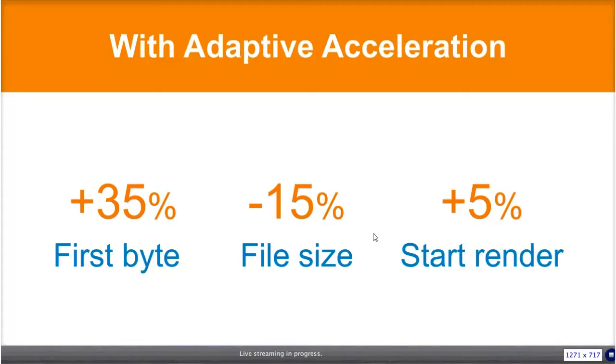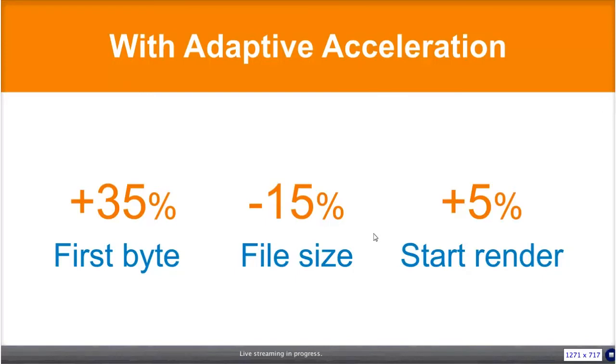We're seeing 15% improvement via Brotli on the file size for those critical resources, and we're seeing around 5% improvement on start render. So that time it takes to see a meaningful draw on that screen is improving by about 5%. Again, all of this is being enabled by a learning engine based on the RUM data that's already enabled on your page to understand what's going on that page, what are the resources needed, and able to apply automatic optimizations.